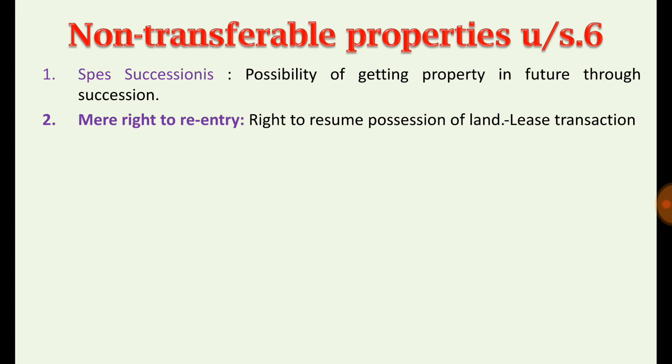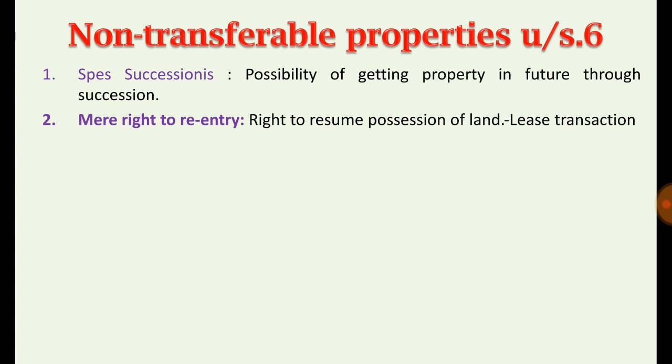Second is mere right of re-entry. Mere right of re-entry is nothing but the right to resume the possession of land. For example, in a lease transaction, when a person gives his land, his property, on lease, and if the terms and conditions of the lease are violated by the lessee, in such circumstances the lessor has a right to resume the possession, to get back the possession of the property.